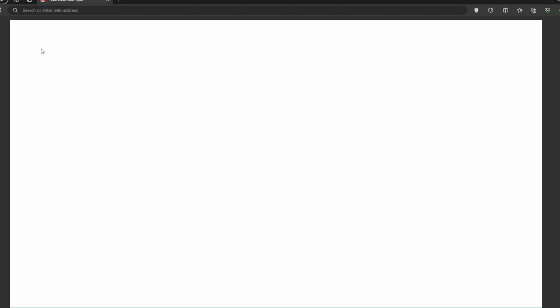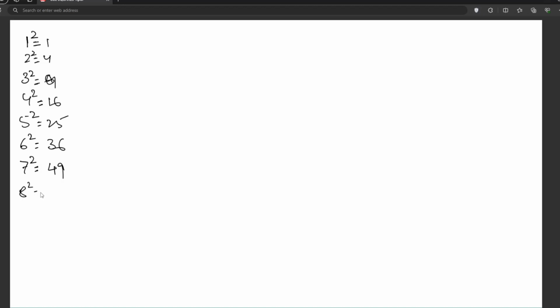In school level, we learned that 1 squared is 1, 2 squared is 4, 3 squared is 9, 4 squared is 16, 5 squared is 25, 6 squared is 36, 7 squared is 49, 8 squared is 64, 9 squared is 81.